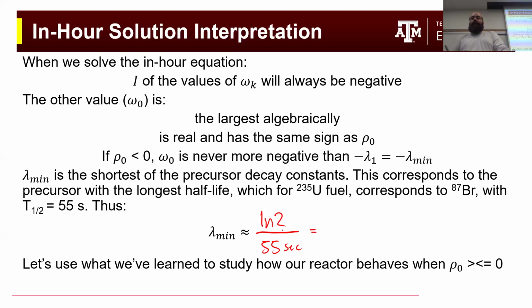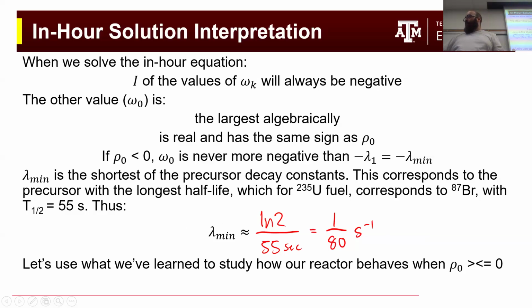If you work that out, ln of 2 is about 0.7, so this is going to end up working out to be 1 over 80, with units of inverse seconds. So that lambda minimum is about 1 over 80 inverse seconds.